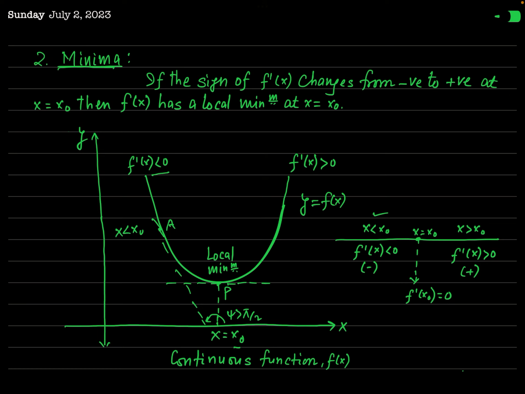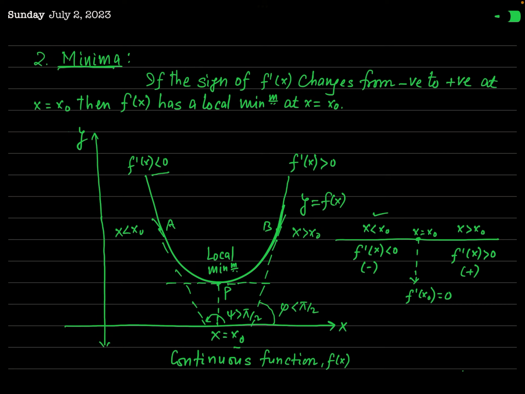But when you see another point, let us say point B, in the region where x is greater than x naught, and again try to find the slope of the curve there, you can see that this tangent will make an angle phi with the positive x-axis which is less than pi by 2. And if it is less than pi by 2, the slope will be positive.